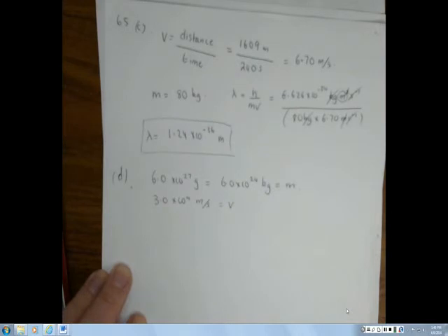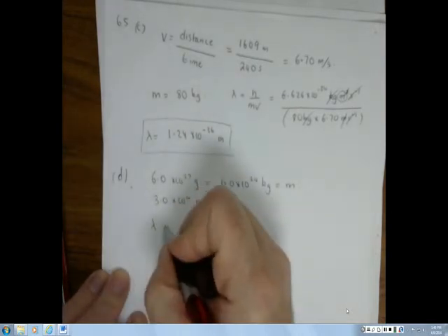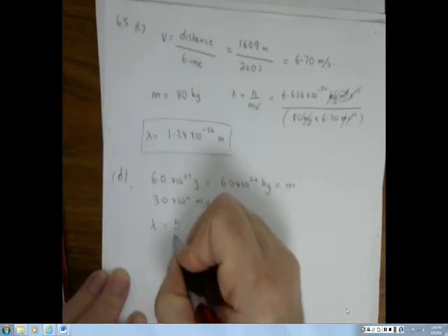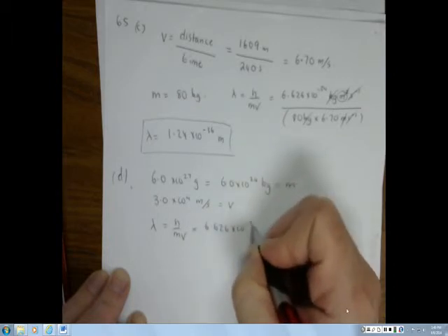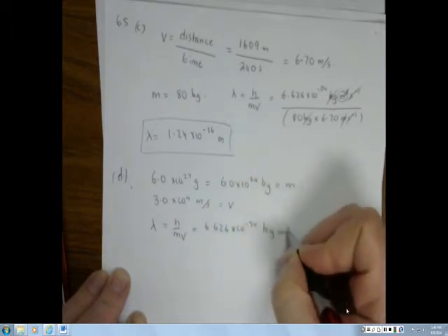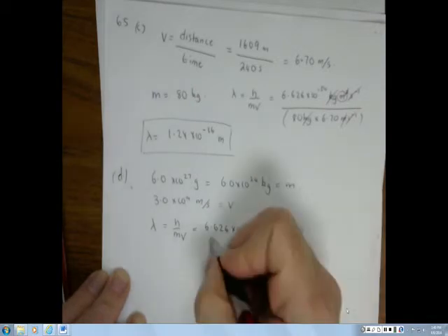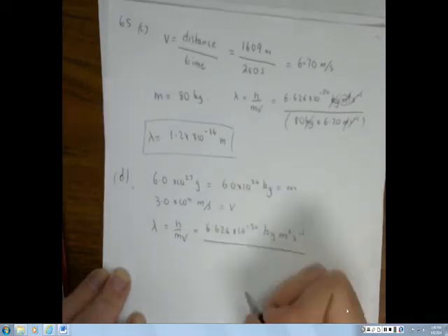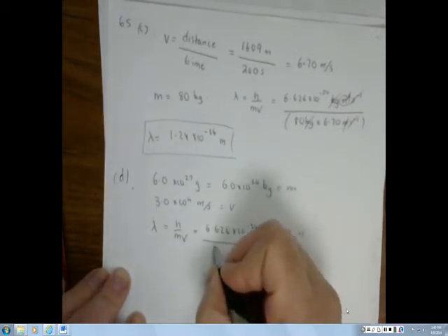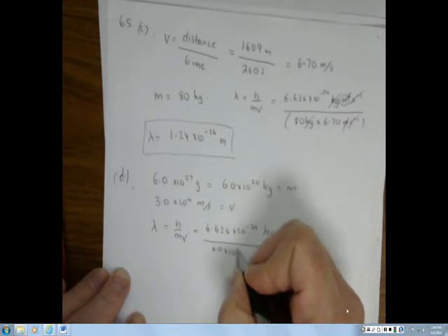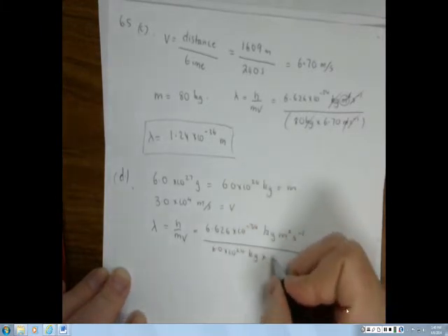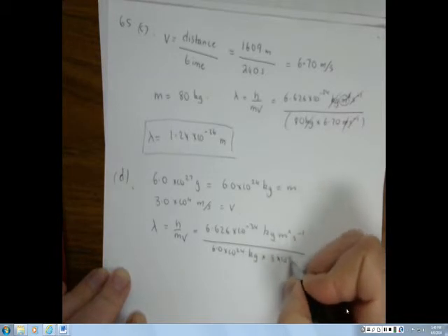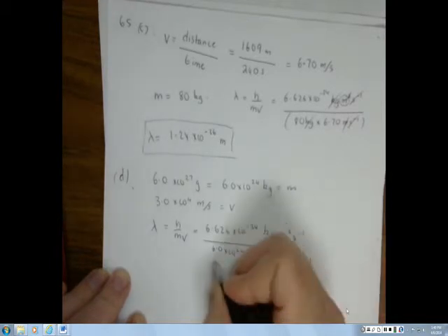That's its velocity. So wavelength equals h on mv, 6.626 times 10 to the minus 34 kilograms meters squared per second, divided by mass 6.0 times 10 to the 24 kilograms and velocity 3 by 10 to the 4 meters per second.